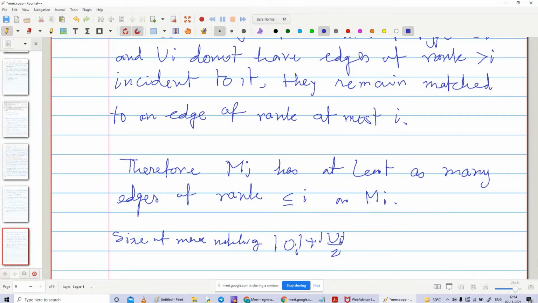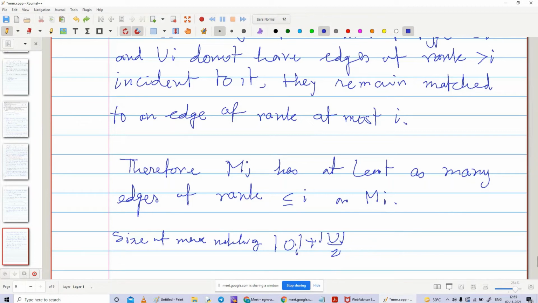And we have seen that all the edges incident to Oi in G prime J are of rank less than or equal to I, and also all the edges incident to Ui are of rank less than or equal to I. So the number of edges of rank less than or equal to I in Mj is at least (Oi plus Ui) by 2, because Ui vertices are incident to other Ui vertices and Oi vertices are incident to Ei vertices.